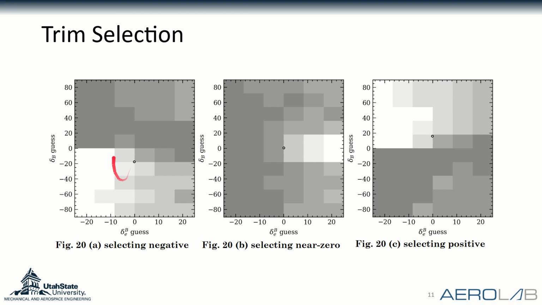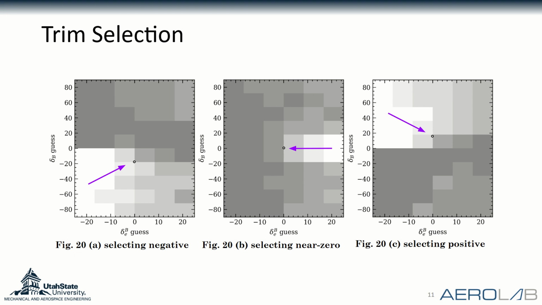You can see our three different trim solutions over here. On the left, we have our tail negative. In the middle, we have our tail near 0. And on the right, we have our tail positive trim solutions. Generally, what this means is if we initialize our Newton-Raphson trim solver with a large negative tail rotation and a large negative stabilator deflection, we would get a negative tail rotation trim solution.